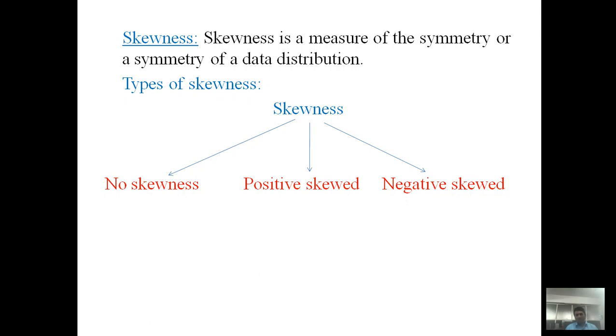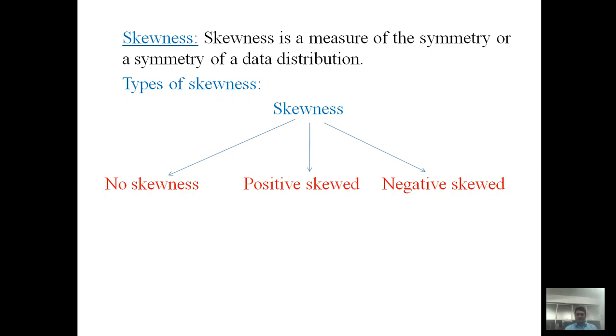Then we have to identify the nature of that distribution. In general, skewness just studies whether the data is symmetric or not symmetric.